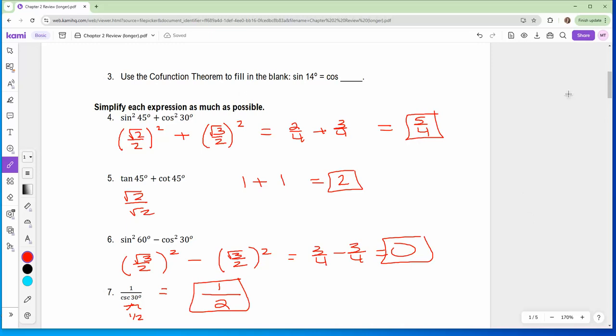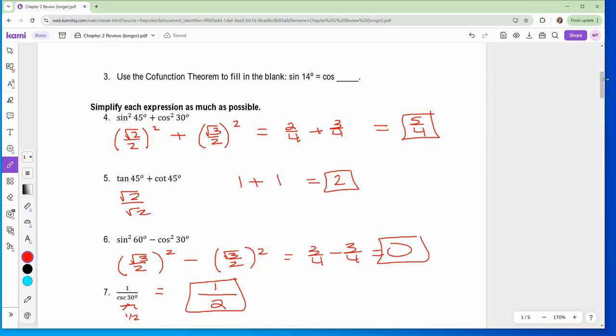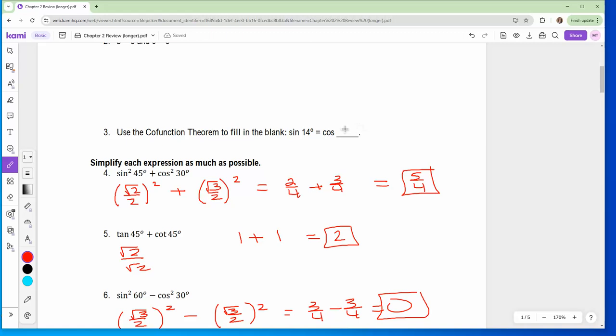Cofunctions. I am probably going to put a fill in the blank one like this on the test. I may not even give you the other function. I might just say sine of 14 degrees equals what? So what you need to remember with cofunctions, sine and cosine go together. Tangent and cotangent.